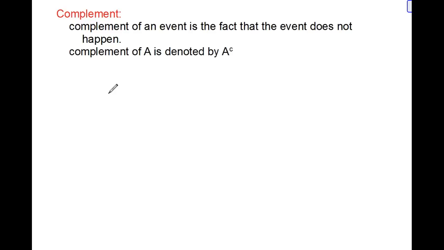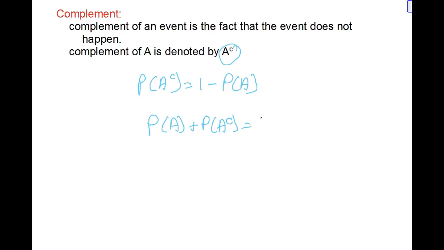And a complement is denoted by the A with a superscript of C. The rule of thumb for this is the probability of A complement is equal to 1 minus the probability of that event happening, just what I did a moment ago with 1 minus the probability of it actually being a master's degree. And again, the reason why is because the probability of the event happening plus the probability of its complement, the event not happening, has to add up to 1, because the probability of all events in a sample must add up to 1.